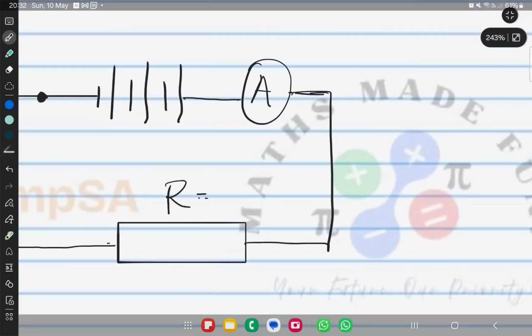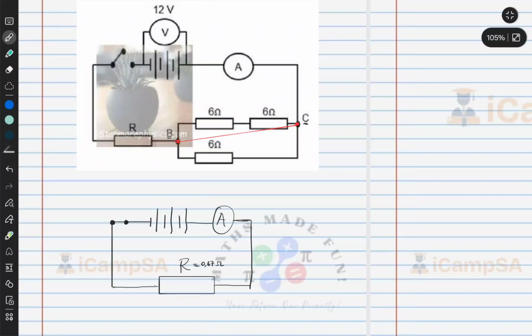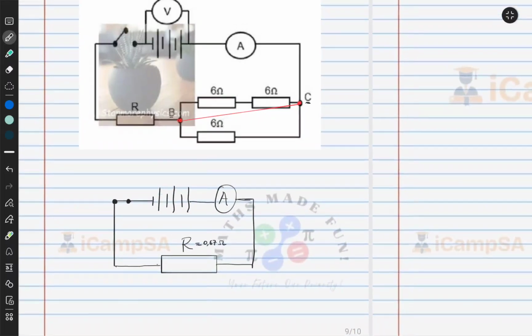So this R was 0.67 ohms. Right, so it means now the circuit overall has lower resistance, from 4.67 to 0.67. So more of the current will be flowing in resistor R.